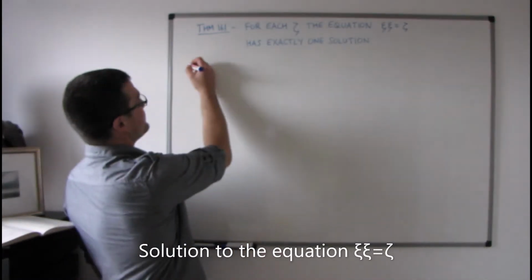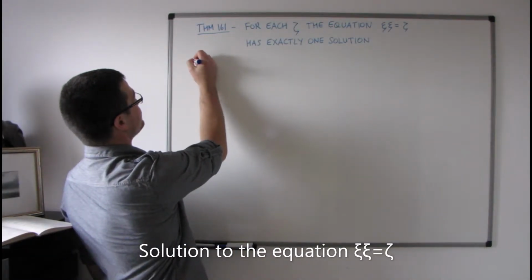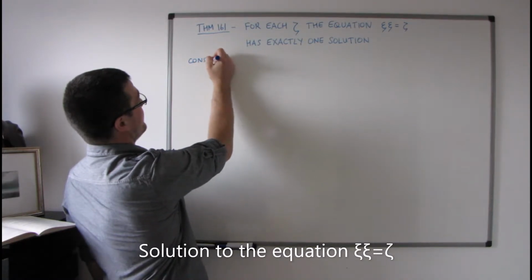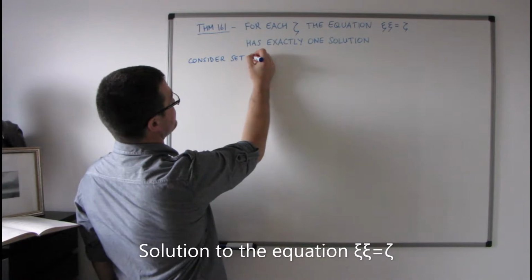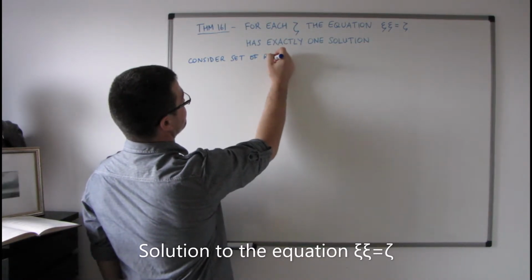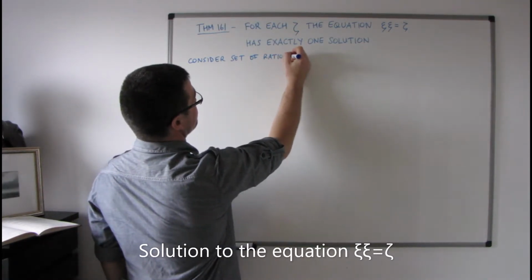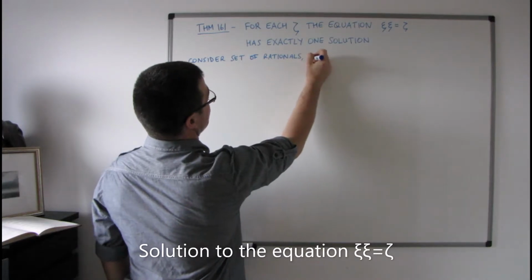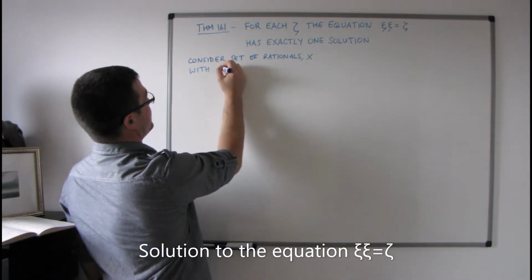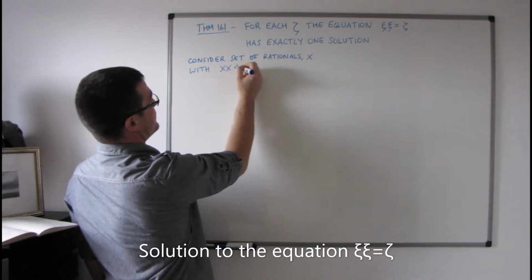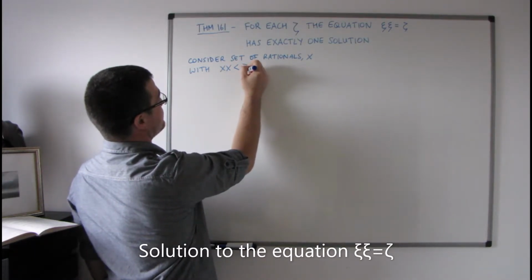So the way that we do this is we consider the set of rationals x with x times x less than zeta.